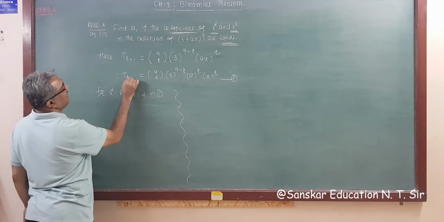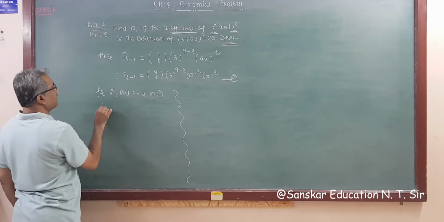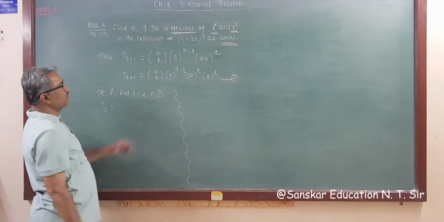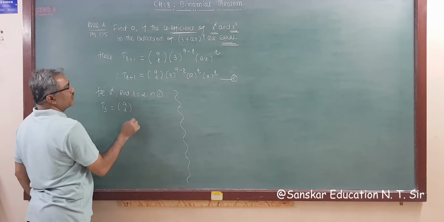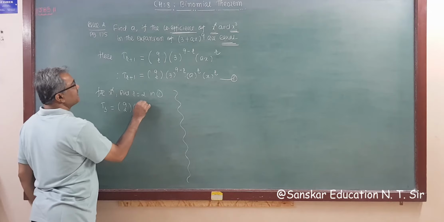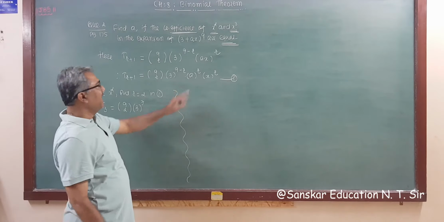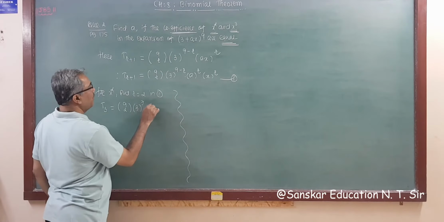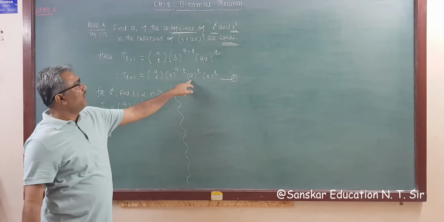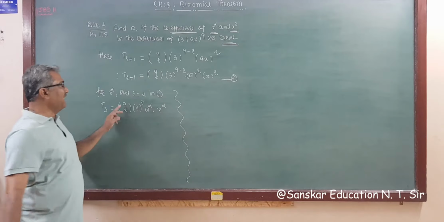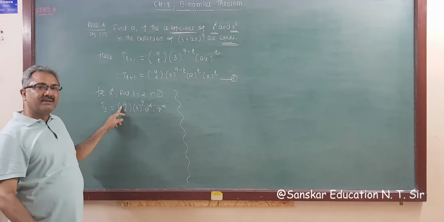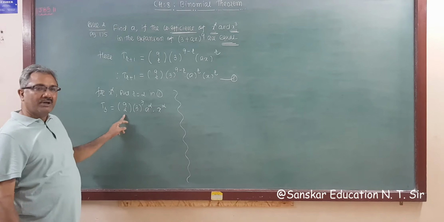This is T(r+1). So T3 is equal to 9C2, 3 raised to 7, and this is a raised to 2, r is equal to 2, and x raised to 2. Right? Now 9C2, 9 into 8, 72, divide by 2, 36.